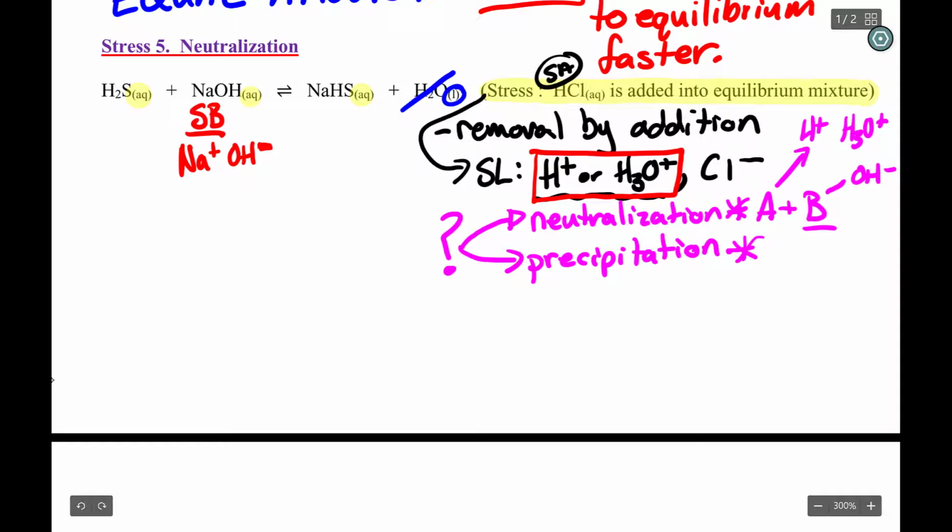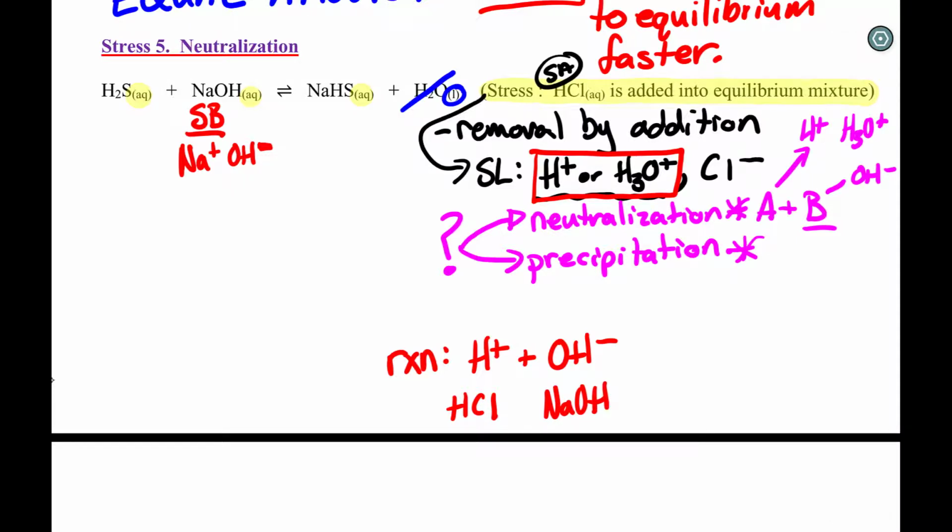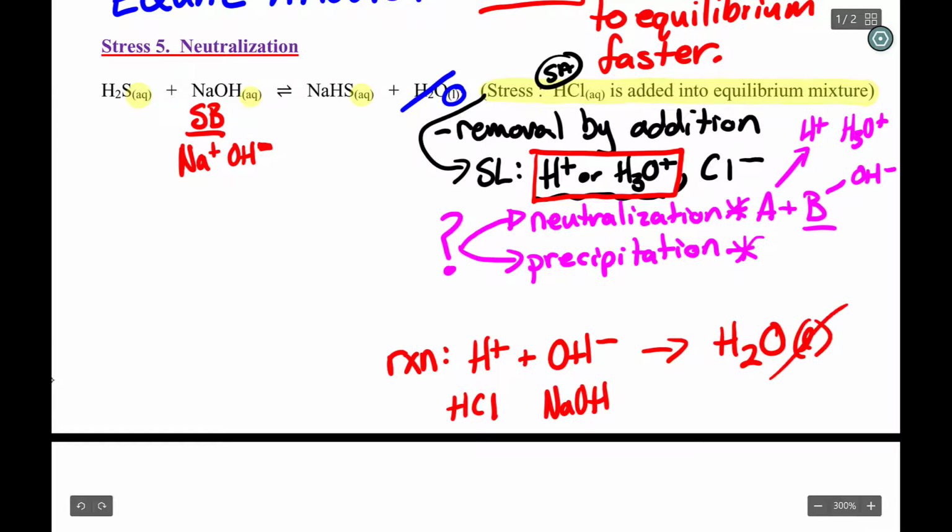So what's going to happen is there's going to be a neutralization reaction. The H plus or H3O plus from HCl is going to react with the hydroxide ion from sodium hydroxide. This is a shorthand for HCl, and this is the shorthand for NaOH, because those are the actual species that are going to react. And this is going to produce water. Now, I don't care about the water because it's liquid, but I do care about this hydroxide.